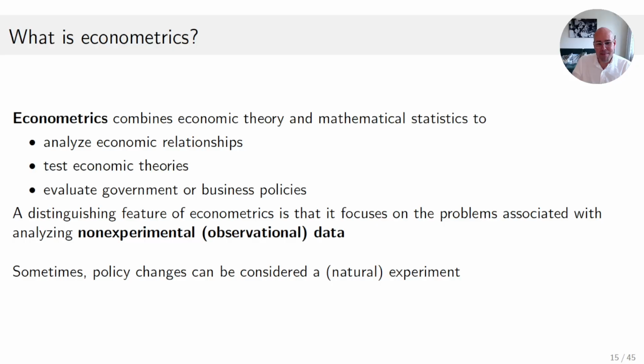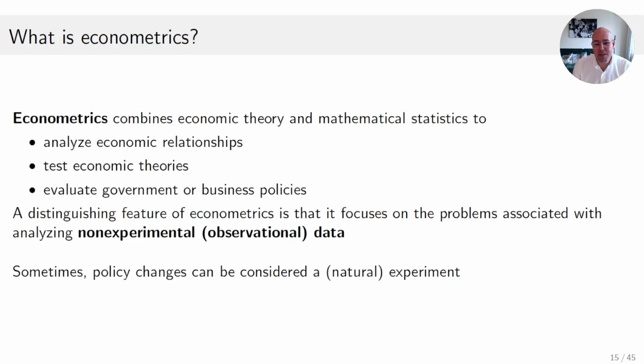These are data that simply were generated by people doing things, let's say, right? So you let people do things, and then you record what they do, and then you have data. These are called non-experimental because nobody has experimented.